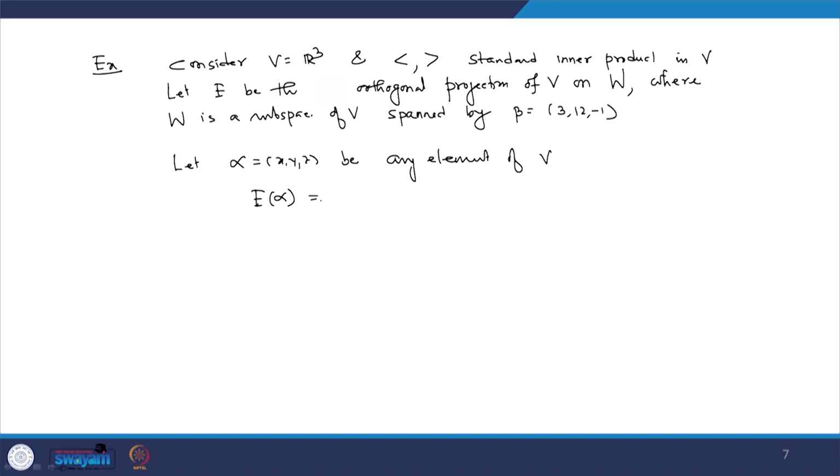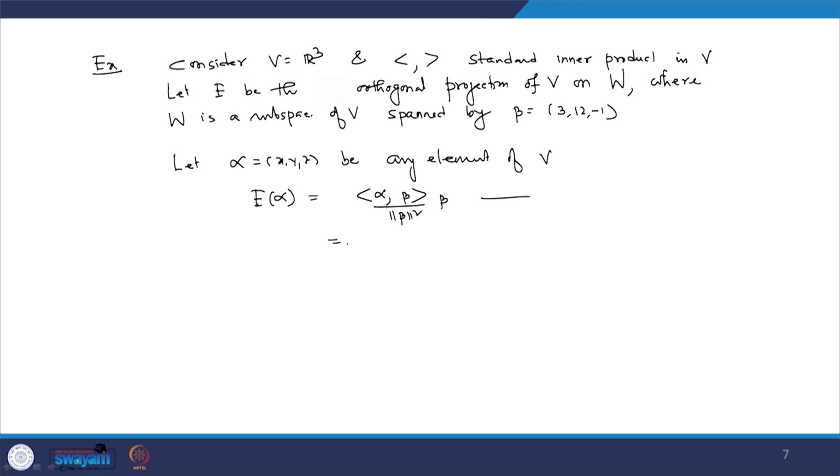Since the orthogonal projection of alpha means I am talking about the best approximation of alpha in W, E alpha will be the inner product of alpha and beta divided by the norm of beta squared, times beta. This we have already seen in the last 2-3 classes. I think if you recall, it is the best approximation of a vector in an inner product space. So, accordingly I can write down that E alpha will be like this.